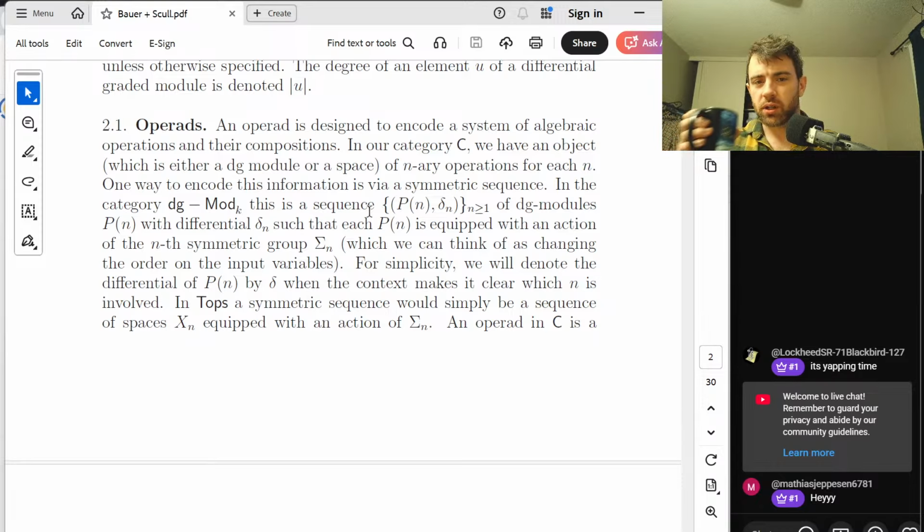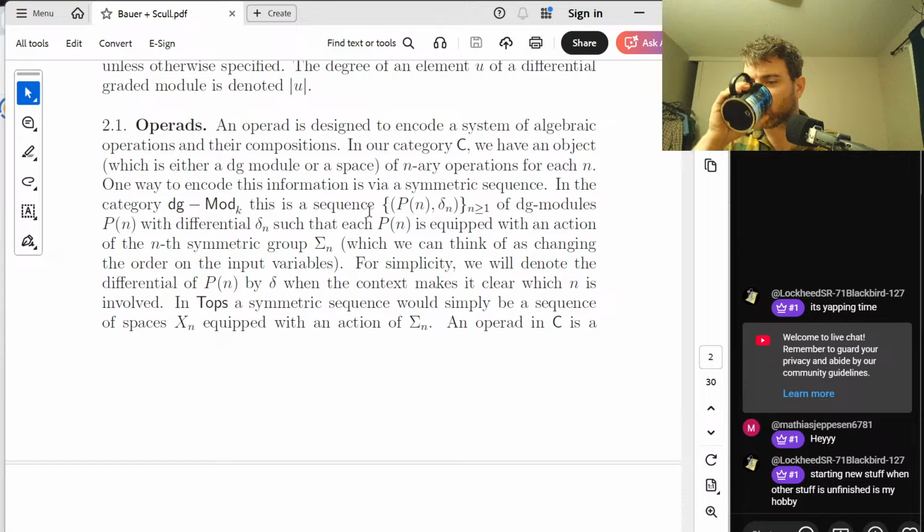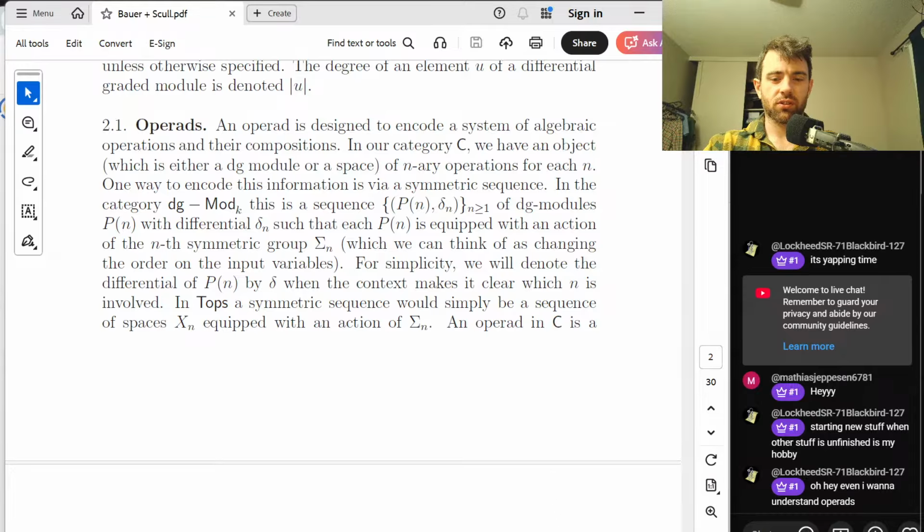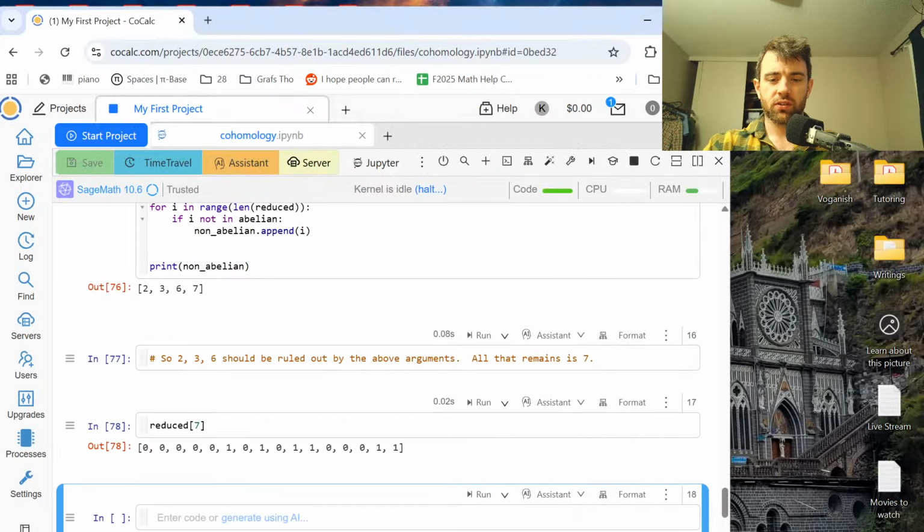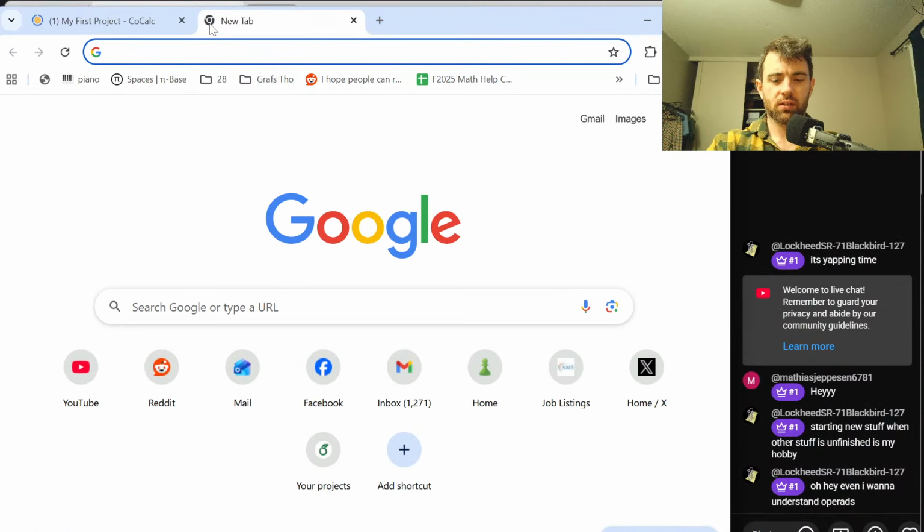So maybe we should go back to reading about operads. Isn't that just the mathematician's way, starting new stuff when other stuff is unfinished? We'd started reading a bit about operads from that thesis. But, okay.